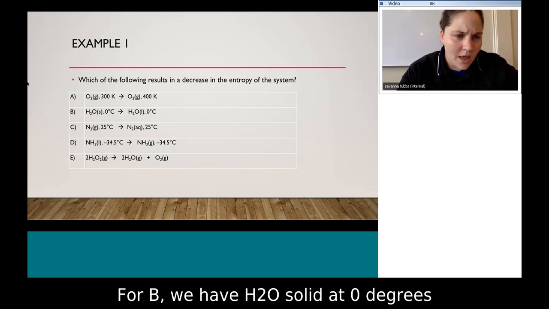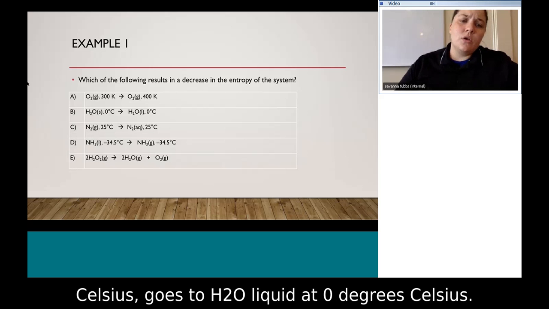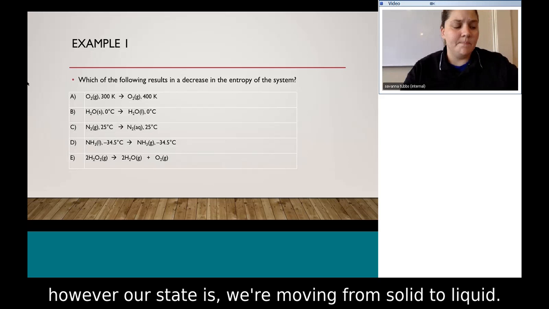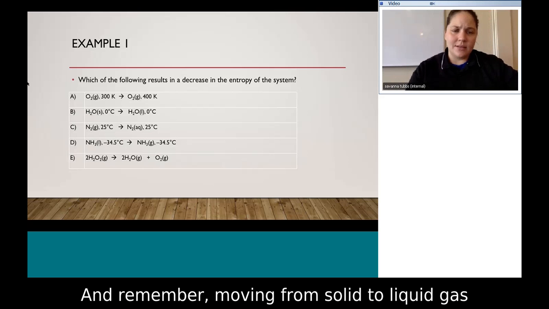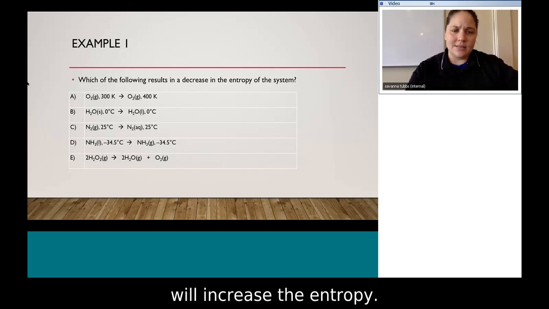For B, we have H2O solid at 0 degrees Celsius going to H2O liquid at 0 degrees Celsius. So our temperature isn't changing, however, our state is. We're moving from solid to liquid. And remember, moving from solid to liquid to gas will increase the entropy. So B also is not an answer.